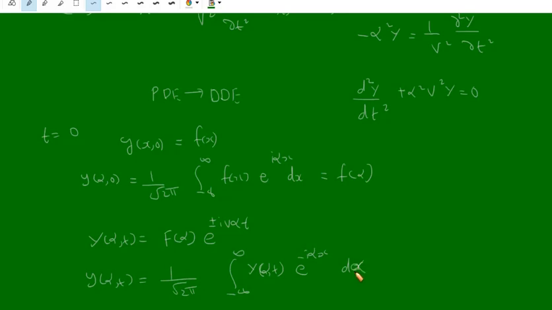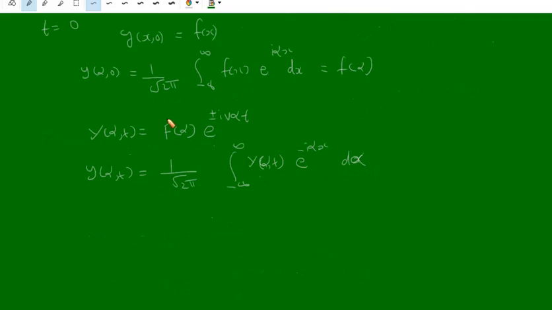So this will be equal to, now what is y of alpha t? Y of alpha t is equal to f of alpha into e raised to plus or minus i v alpha t. So if I substitute for y of alpha t, then this will be equal to 1 by root 2 pi, integral from minus infinity to infinity f of alpha e raised to plus or minus i v alpha t e raised to minus alpha x d alpha.